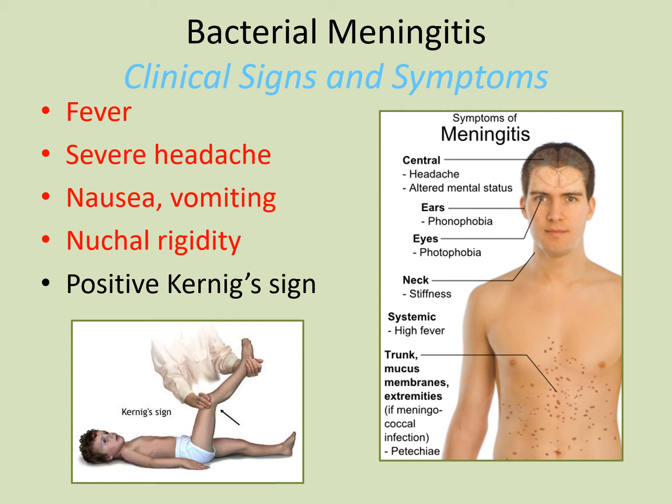Certainly, as the intracranial pressures increase, then we will see changes in level of consciousness or altered mental status in these patients. But the symptoms in red are the ones that patients present with. This is what makes us start to think, does our patient have meningitis?